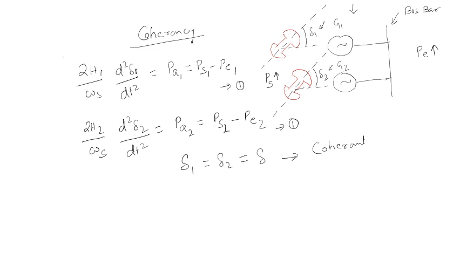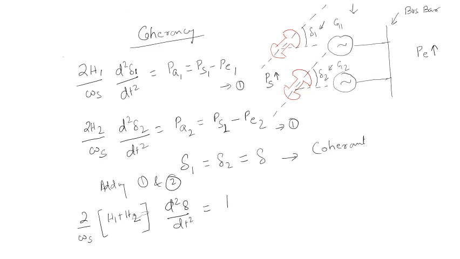So what can I expect with this? Adding equations 1 and 2, I'm just making it simple: 2 upon omega s times (H1 plus H2) times d square delta upon dt square, because these two are the same terms, equals (Ps1 plus Ps2) minus (Pe1 plus Pe2).